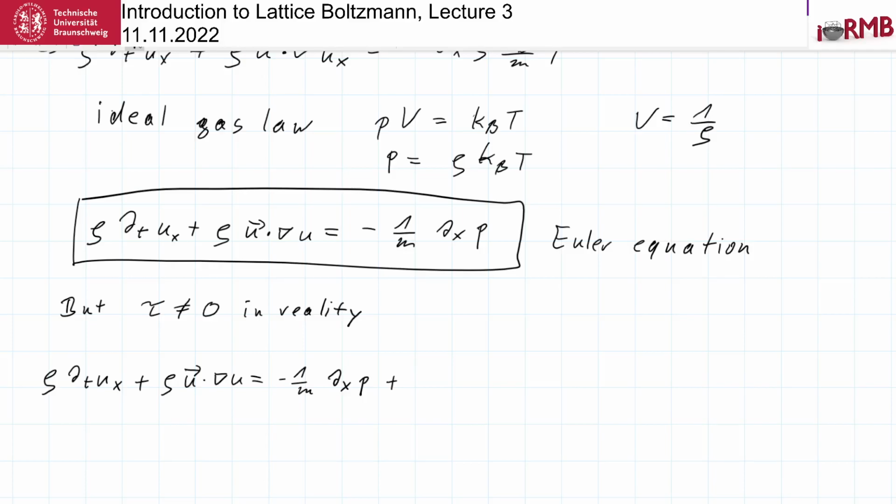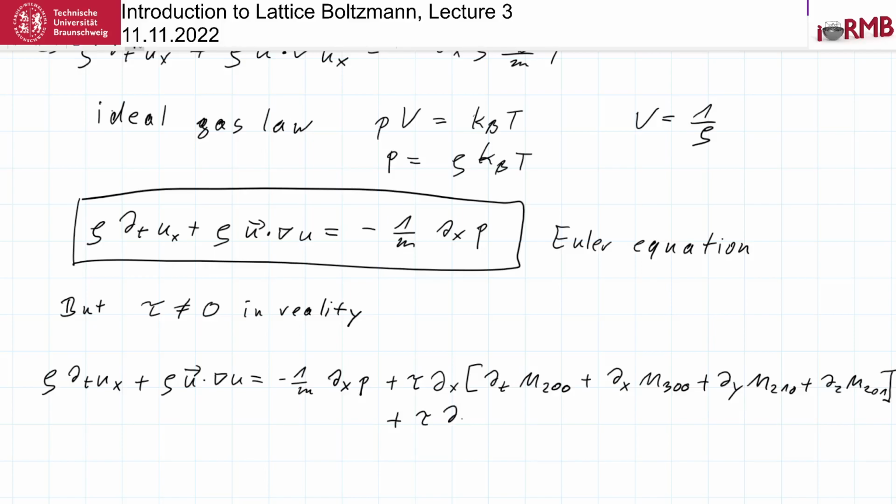So for example, we start with tau times dx, and now come these equations for the moment m200. This goes with dx m300 plus dy m210 plus dz m201.